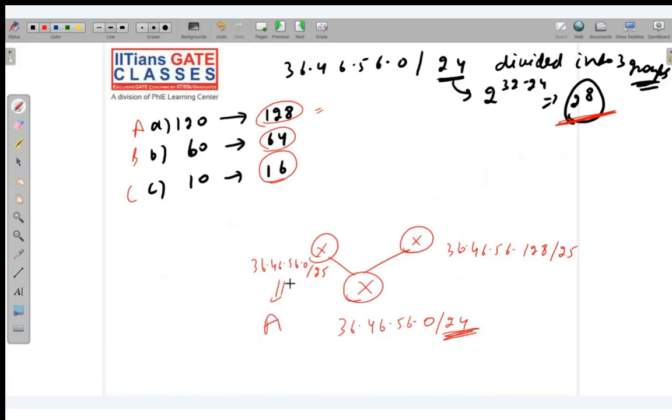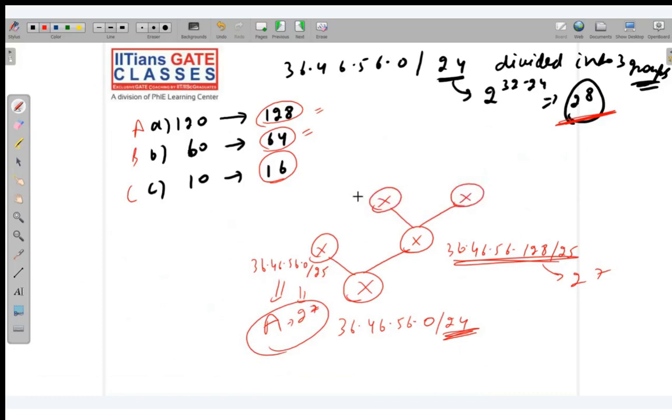Now what do you want from here? How many IP addresses are with this? 2 power 7. And how many are with this? 2 power 7. So 2 power 7 you have given to organization A. Now from these 2 power 7, we want 64 for organization B. So I will again divide it into two parts, this and this.